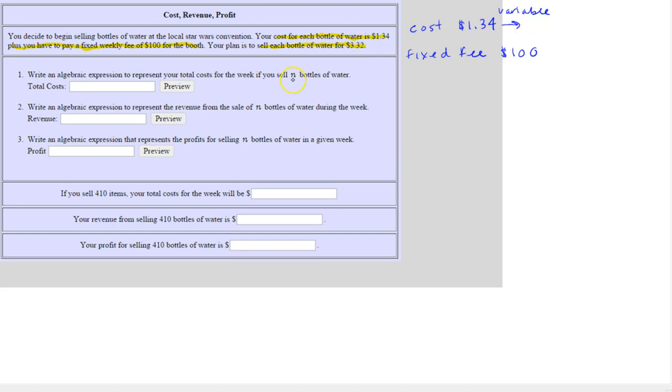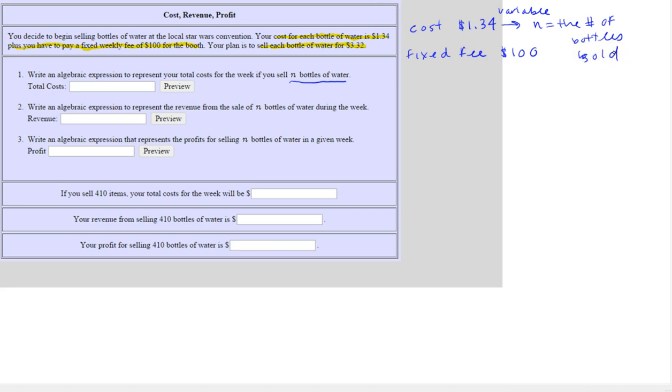So since here I'm noticing they call it N bottles of water, we're going to have N equals the number of bottles sold.